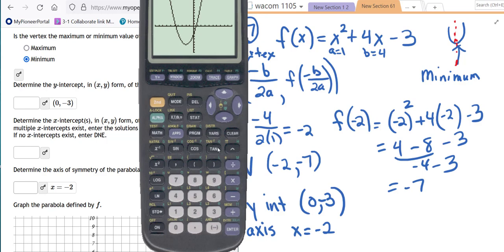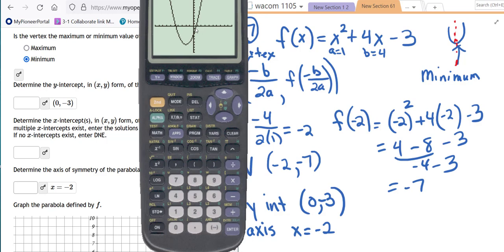x-intercepts here. That's what we were pulling it up. And you can see it opens up. Here is your vertex, negative 2, negative 7. Y-intercept, you can see. It's not real clear, but you could do second calc value and set x equal to 0. That would give your y-intercept. X-intercepts.